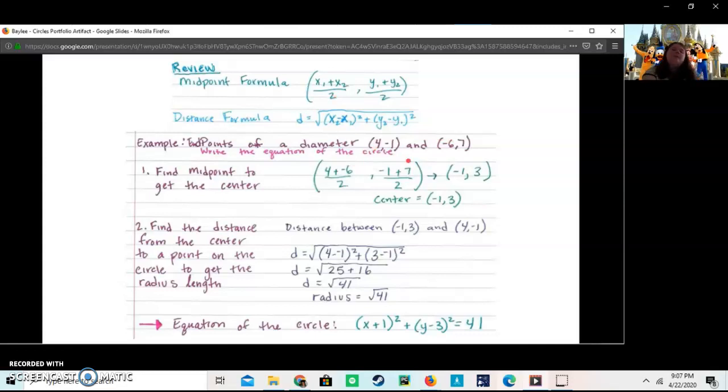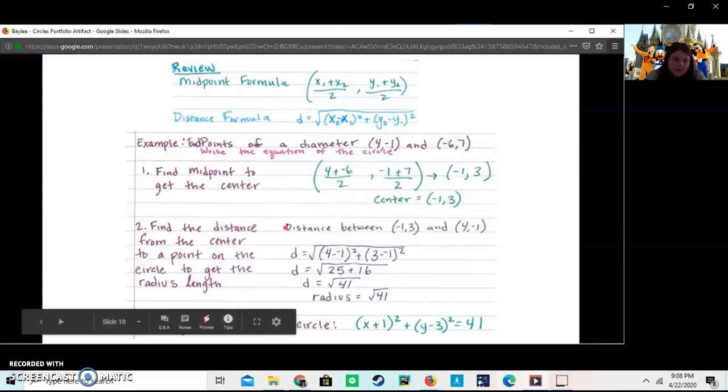And then for your y values, it would be your first y value plus your second y value, -1 plus 7, over 2. You solve for that and you get (-1, 3), so that is your center, or the midpoint of your circle.